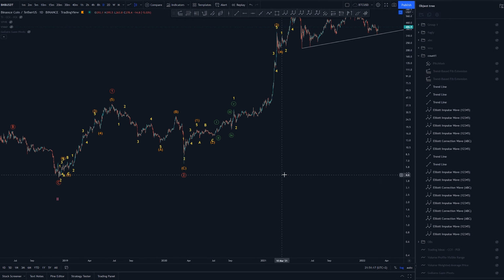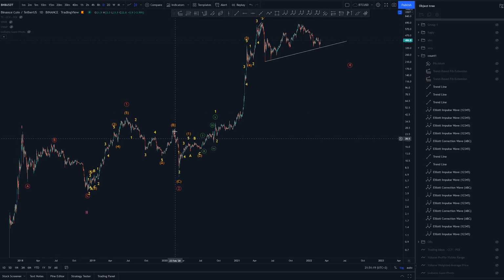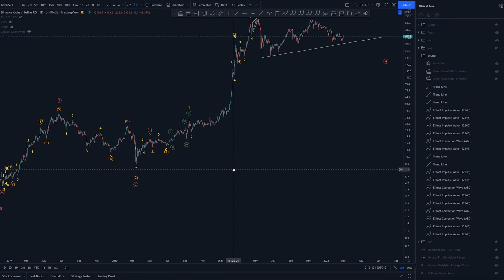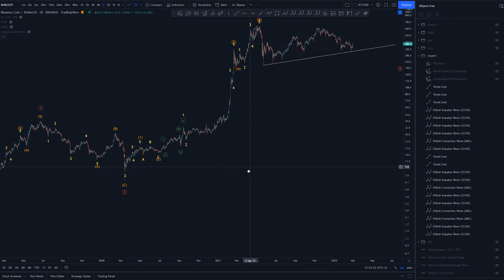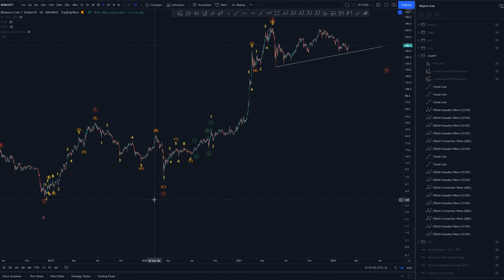Now for wave 2 we have an ABC zigzag, and for primary 3 we got 1, 2, 3, 4, 5.